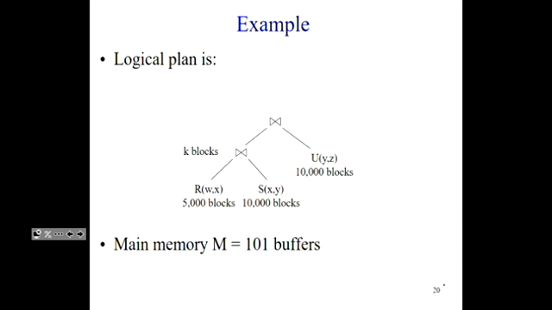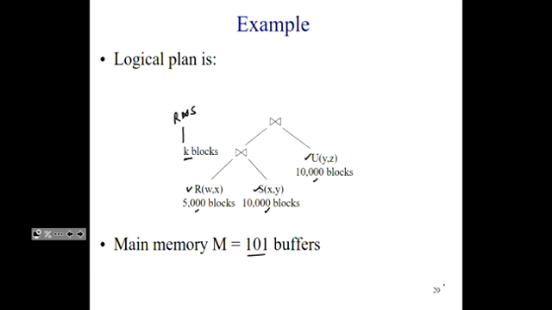What we've decided so far is to do this logical query plan to join R, S, and U. It's a left deep join. R has 5,000 blocks, S has 10,000 blocks, and U has 10,000 blocks. K is the number of blocks for R join with S. And let's say my main memory buffers is 101 buffers. So this is my main memory requirement.